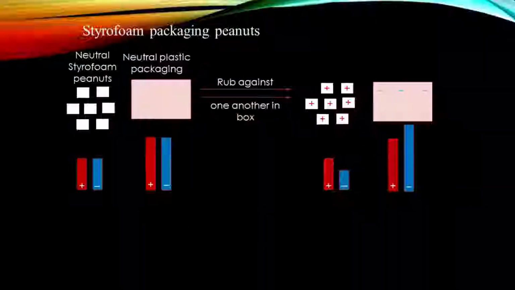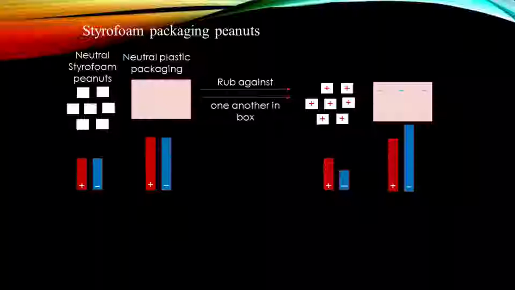I'm sure you guys have bought things off of Amazon before, because this is not the 19th century. When you get things mailed, a lot of times they have styrofoam packing peanuts. Those packing peanuts are electrically neutral to start with.